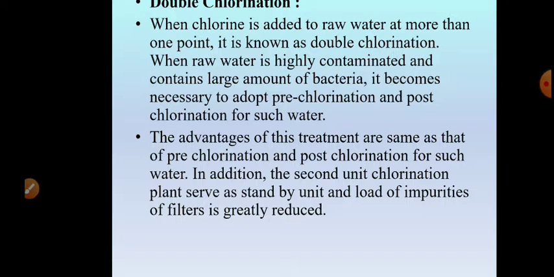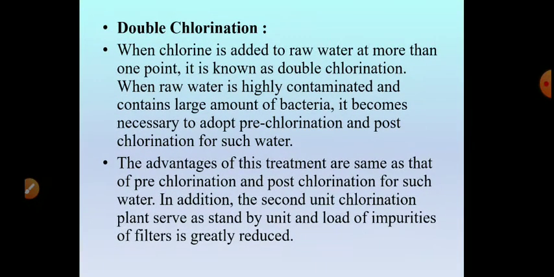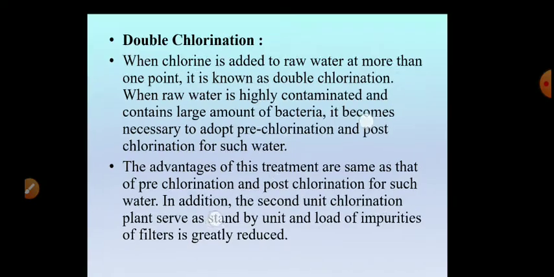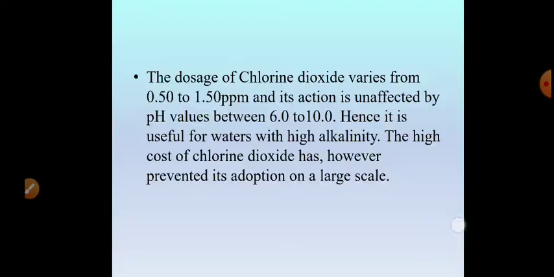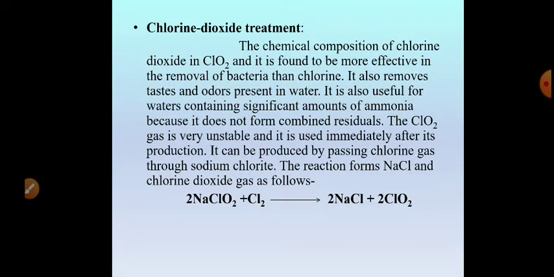In addition, the second unit of the chlorination plant serves as a standby unit and the load of impurities on the filter is greatly reduced. So we go for pre-chlorination, then post-chlorination, because of which the water which was highly contaminated may now become absolutely clean and clear.